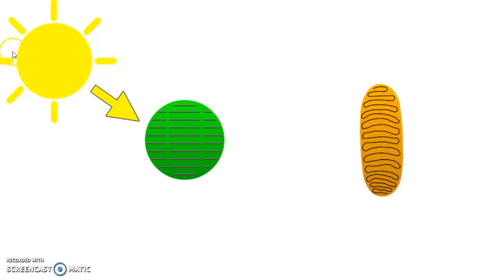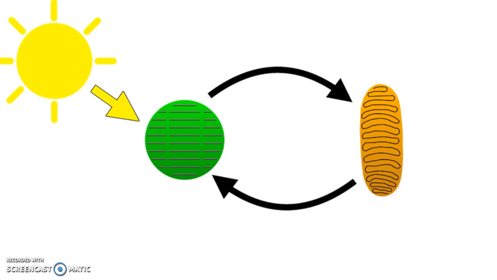And so, the yellow blob gives off something to the green blob, and the green blob gives off something to the orange blob, and the orange blob gives off something to the green blob. And so the orange blob also gives off something out of it.